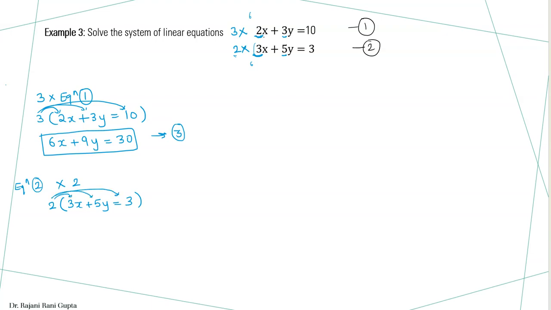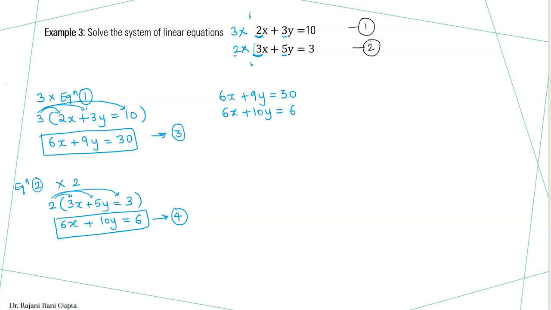This gives you 3 times 2 is 6x plus 5 times 2, 10y, and 3 times 2, 6. So this is your new equation, let's call it equation number 4. Let's write these equations over here: 6x plus 9y equals 30 and 6x plus 10y equals 6.